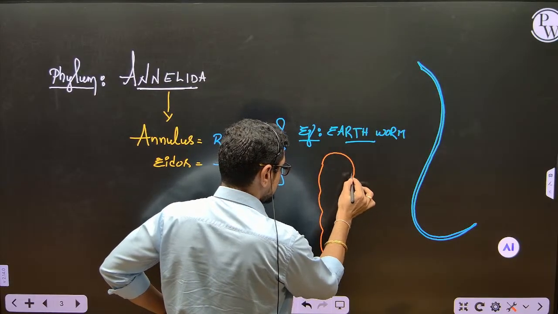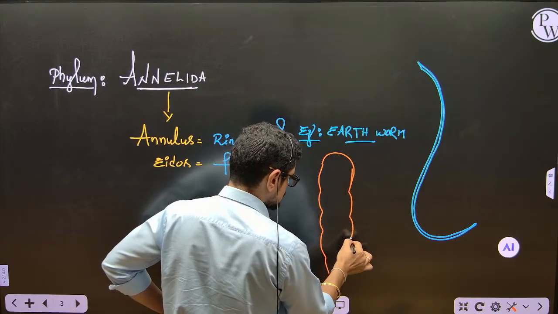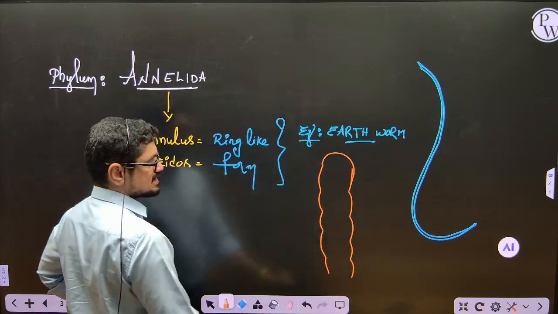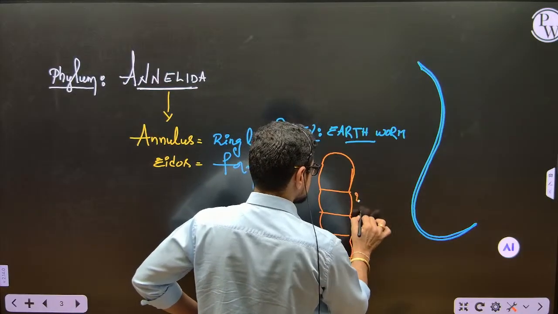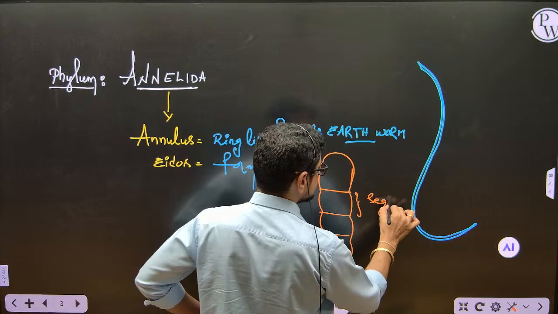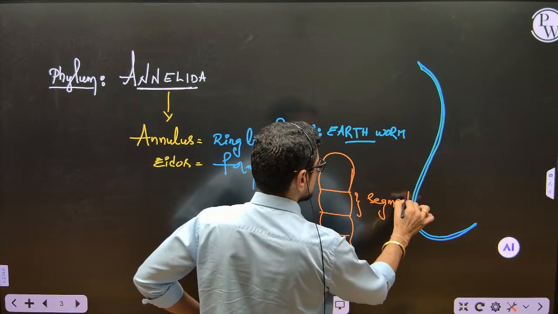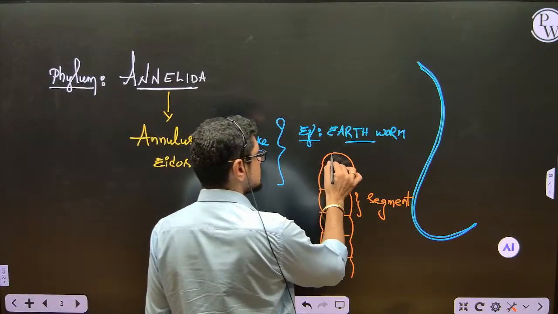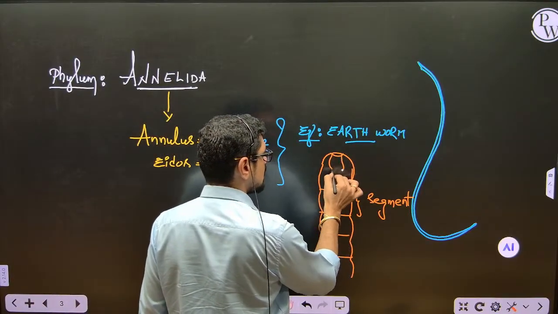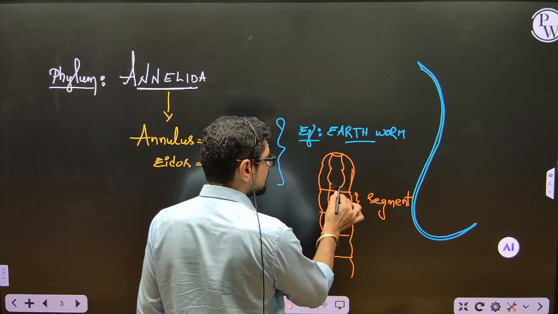So the body of an earthworm shows segments. This is one segment. This is called a segment. The body is divided into a number of segments, and here the mouth is present, alimentary canal, buccal cavity, pharynx, esophagus.